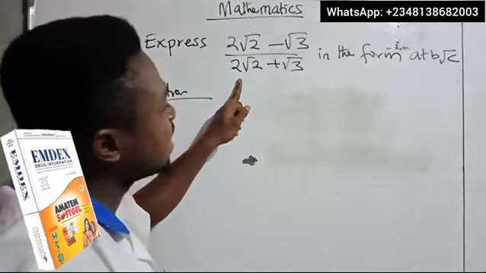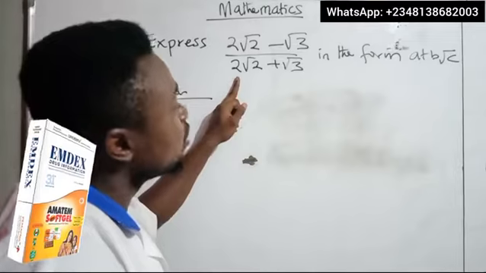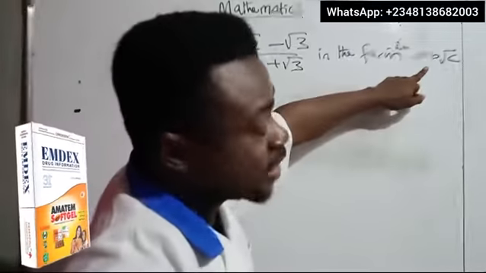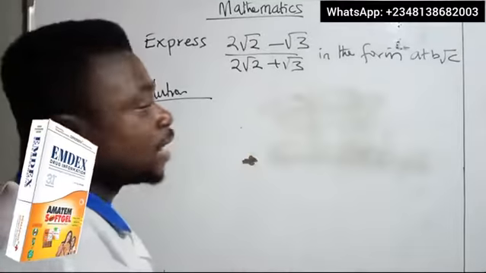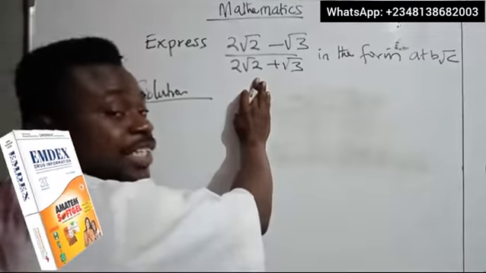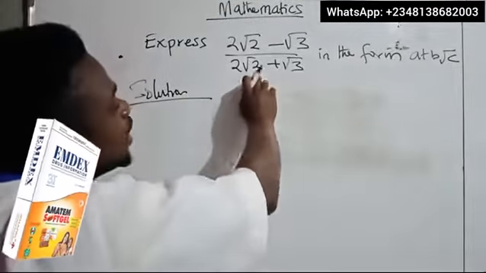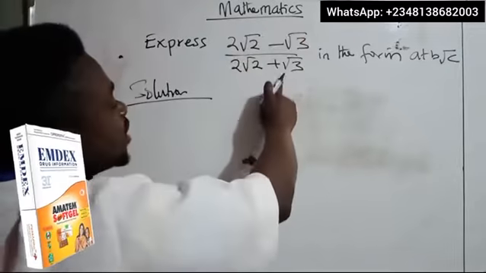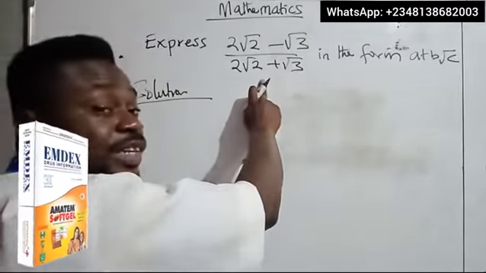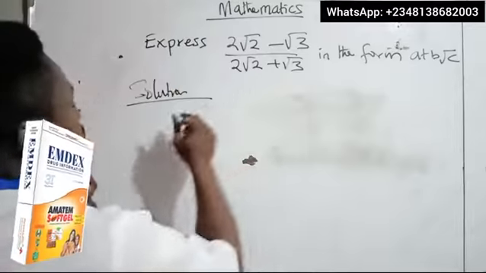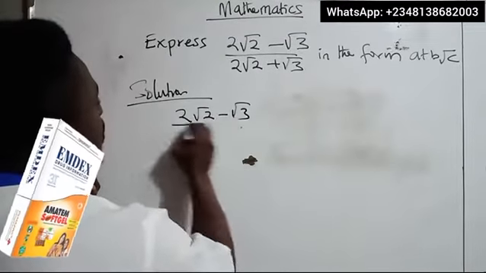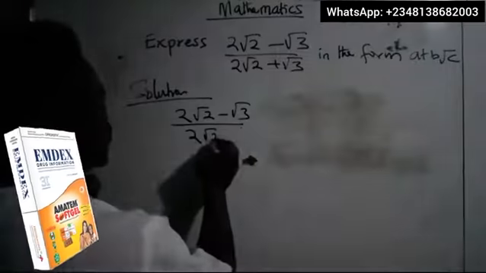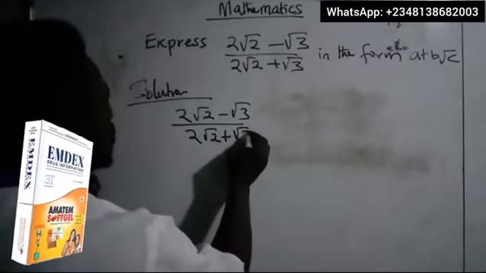Having rationalized this surd, we then get a surd in this form. To rationalize, we multiply the numerator and the denominator by the conjugate of the denominator. Now let's go. 2 root 2 minus root 3 all over 2 root 2 plus root 3.